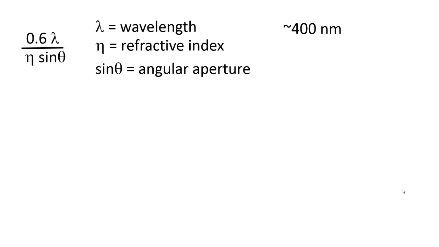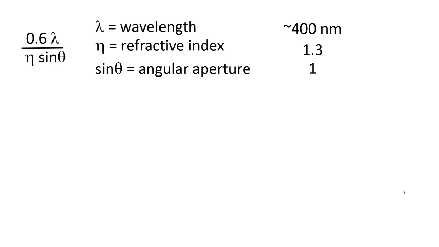Refractive index: for an ideal lens system, that is with the best possible lens in a refractive oil, the best we can do is 1.3, and because sine theta is a sine function, its maximum value is 1. Remember, we want the lowest possible number here. The lower the resolution number is, the closer two things can be, and we can still see them as separate. So we're going for a low number.